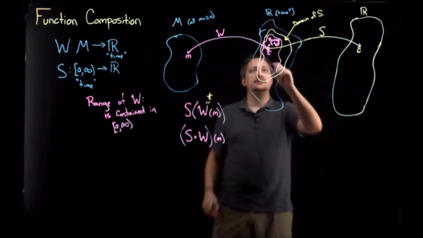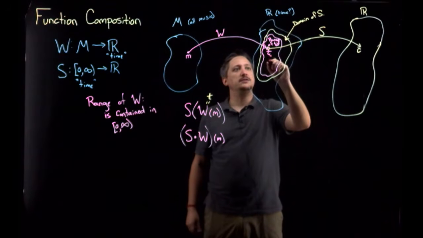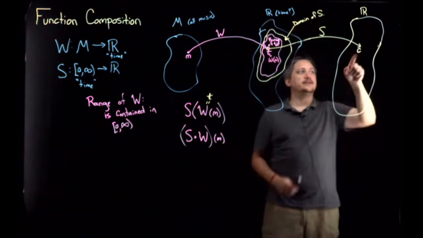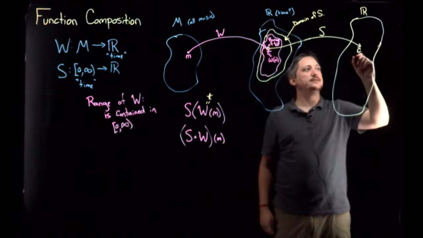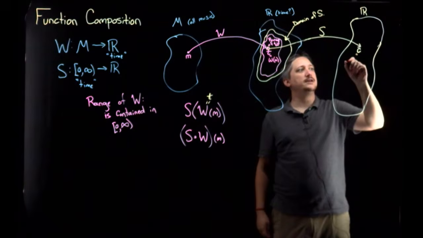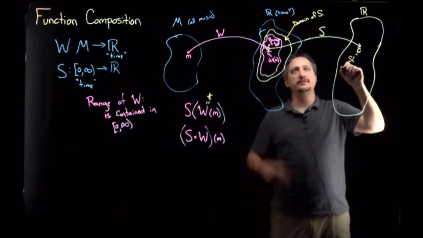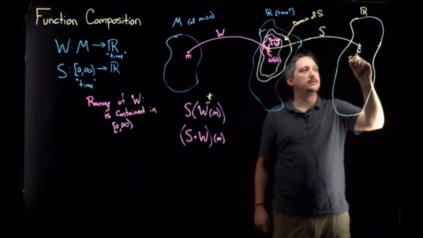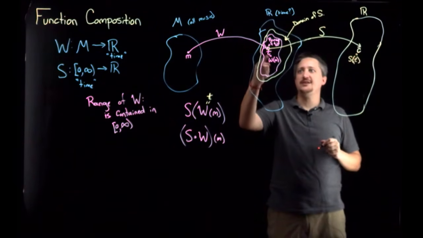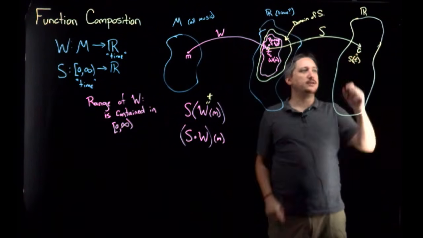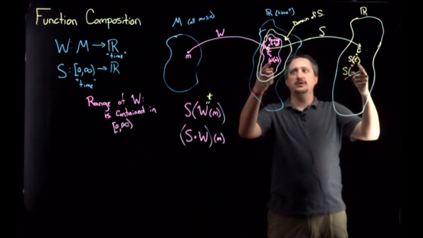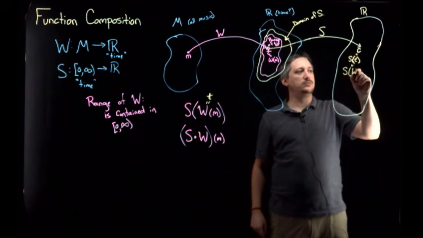So here, this t is really w applied to m. Here, this c is really s applied to t. But I just said t is really w of m, right? So s applied to t is really the same as s applied to what t is, w of m.